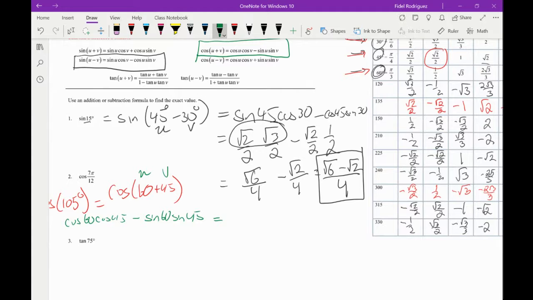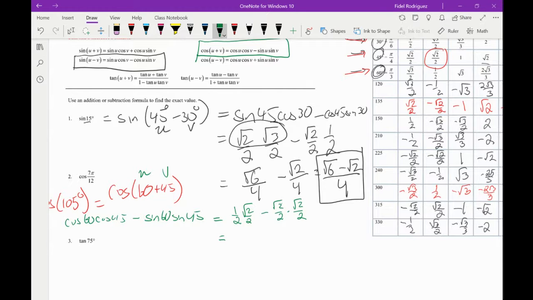And again, all I'm doing here is just using the rule that we got up there, right? Okay, cosine of 60 should be 1/2, cosine of 45 is square root of 2 over 2, minus sine of 60 is square root of 3 over 2, and sine of 45 is square root of 2 over 2.